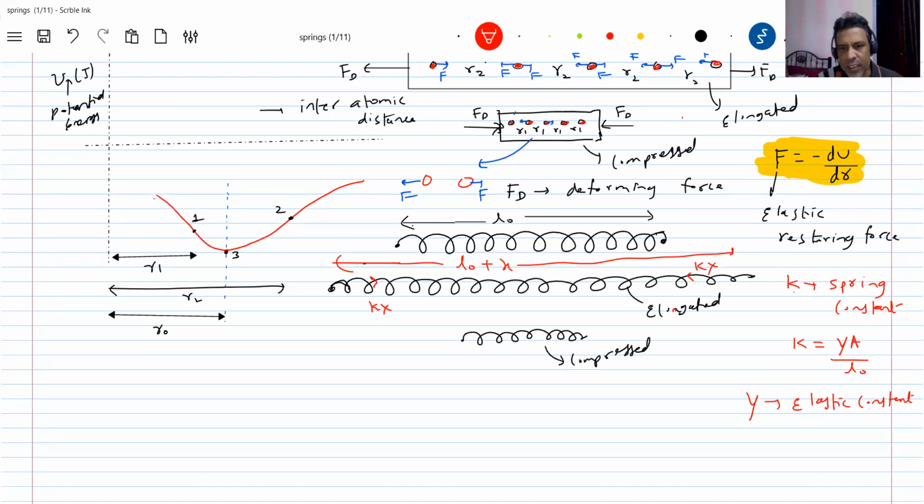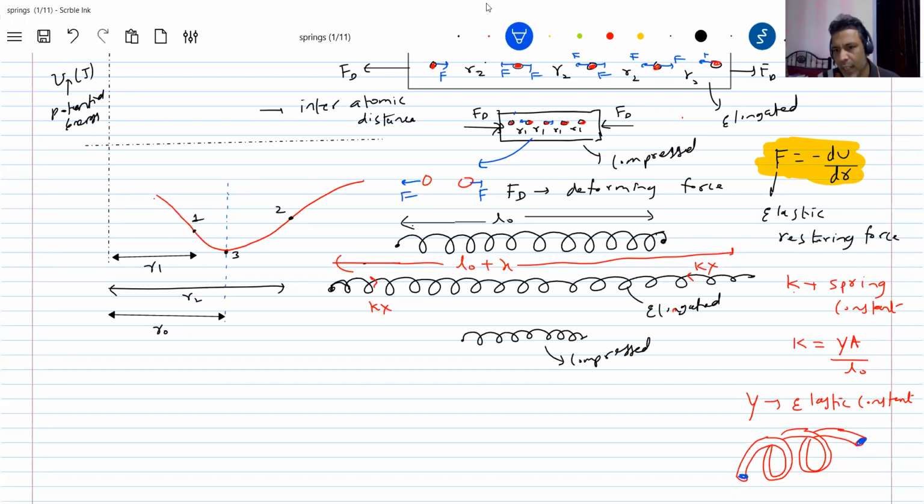A is the area of cross section. Area of cross section of what? Of the material of the wire. This is the area of cross section, not the area of cross section of the spring.